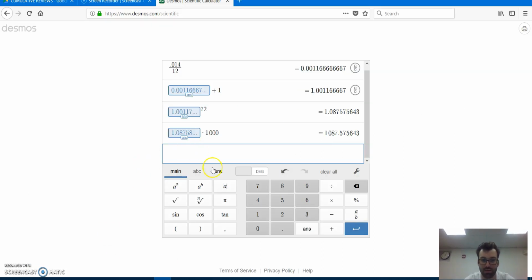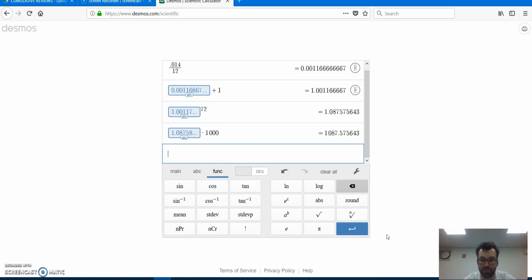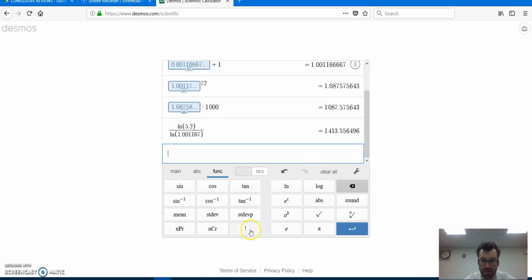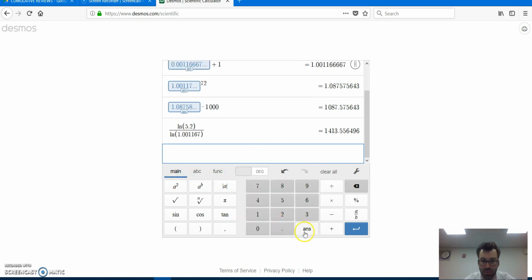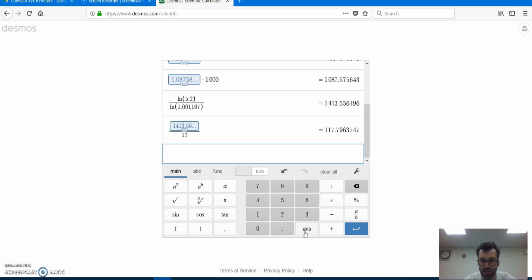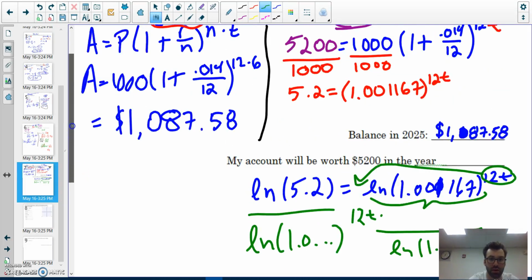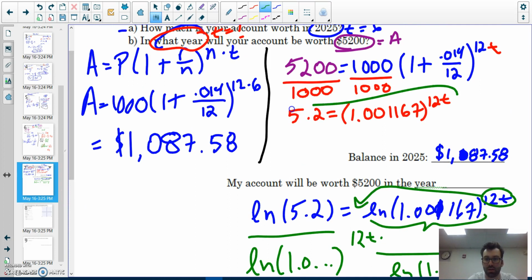So what I mean is you'll do this: the ln of 5.2 divided by the ln of 1.0011667, enter, and then take that answer and divide it by 12 and get your answer. Or you can also do it a different way, where I take this and put it into logarithmic form.